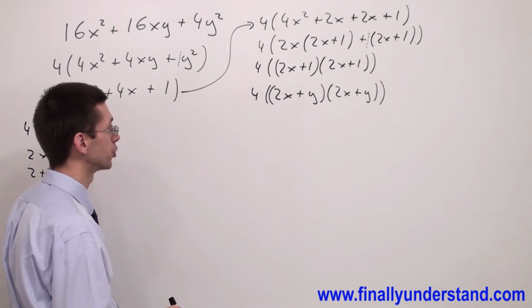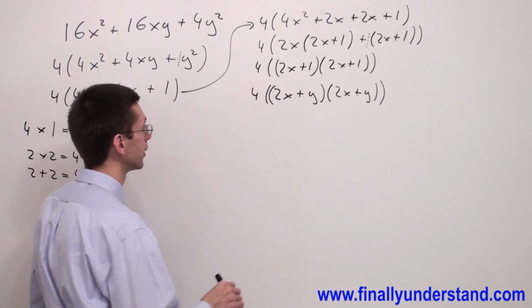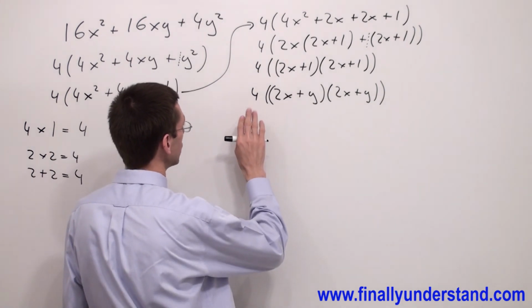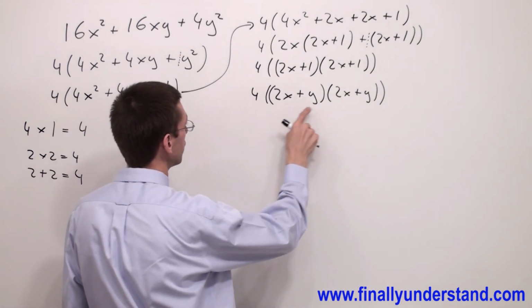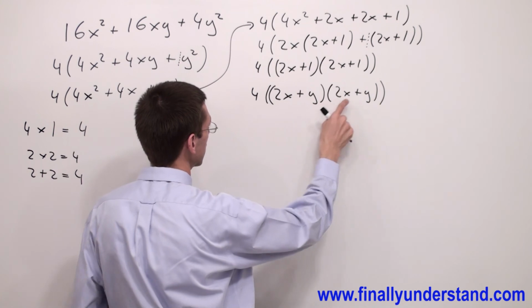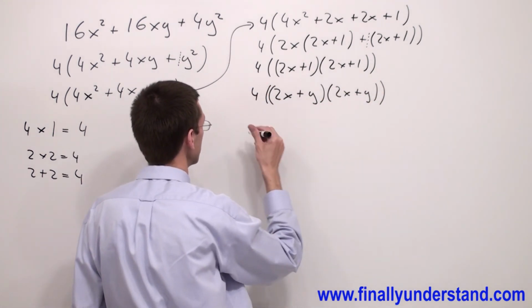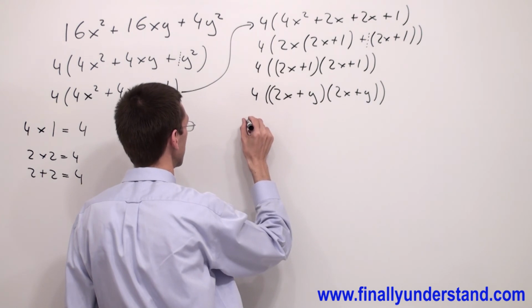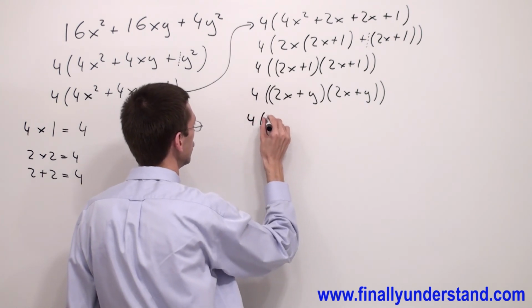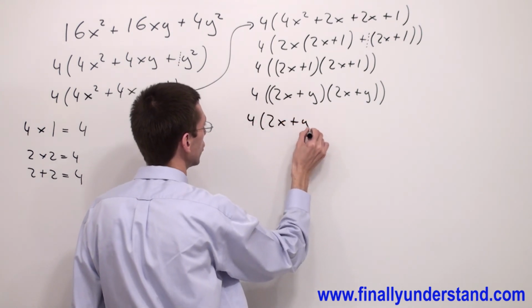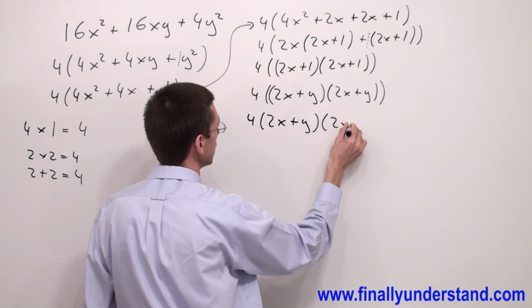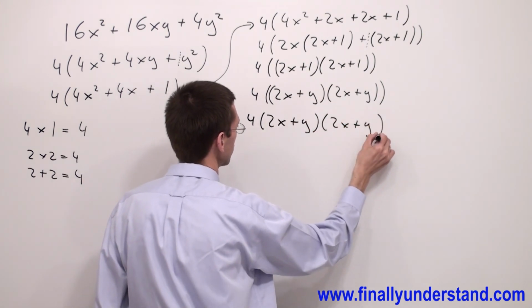Let's check if this is the correct answer. Now, because I have a product inside of this parenthesis, I can remove this parenthesis and I'm going to write this simply as 4 times 2x plus y times 2x plus y.